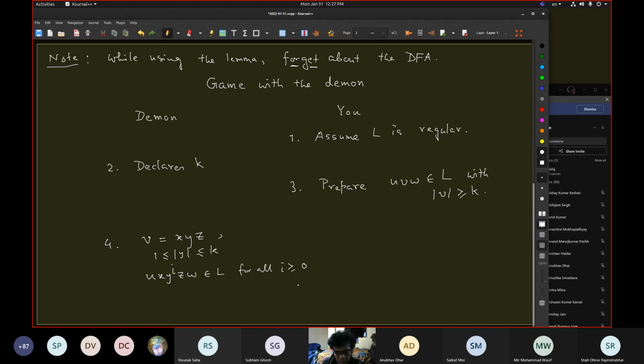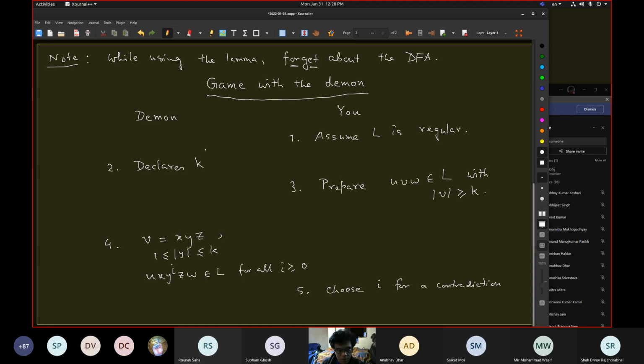So in the final stage of the game, fifth, you choose i for a contradiction. As the first proof illustrated, you may have to choose multiple i's if you want to handle different cases. So choose one or more i for contradictions. This is how the use of the pumping lemma goes. It's a kind of game with the daemon. You start by assuming that L is regular, then the daemon gives you k.